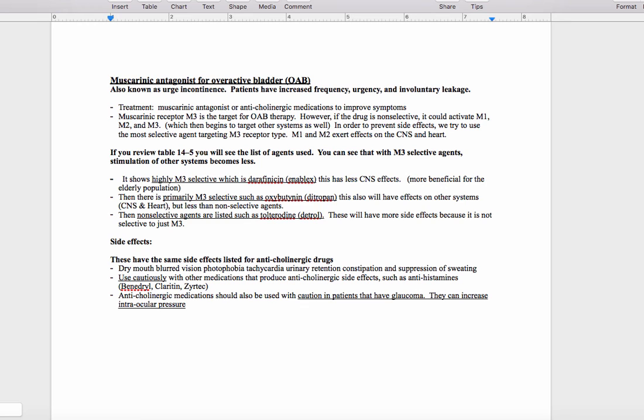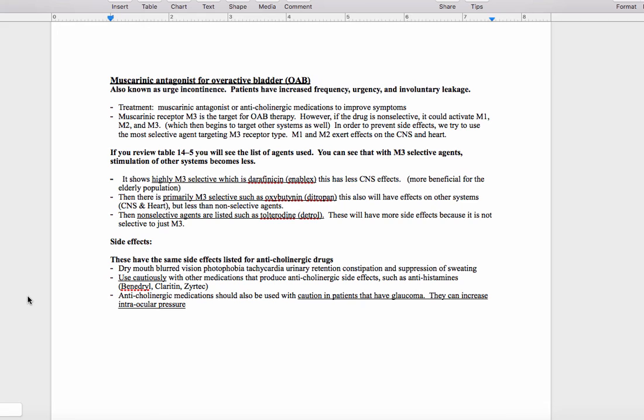Antihistamines are known agents that have anticholinergic side effects, like Benadryl, Claritin, Zyrtec. Those are all your antihistamines, but they have the same side effect profile of dry mouth, blurred vision, and urinary retention.